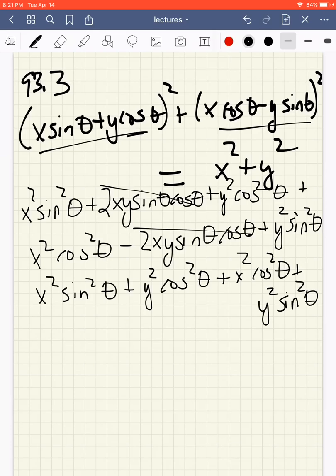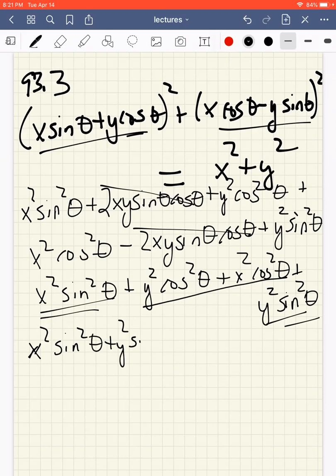Well, what if we wrote these two together that have the cosine squareds and these two together? We'd have x squared sine squared theta plus y squared sine squared theta, and then plus y squared cosine squared theta plus x squared cosine squared theta.